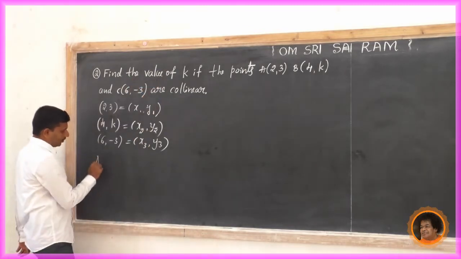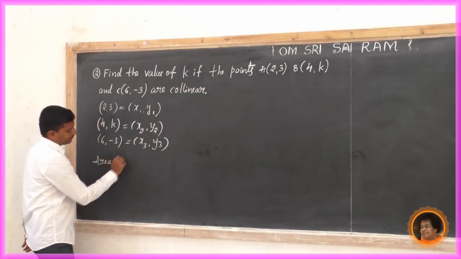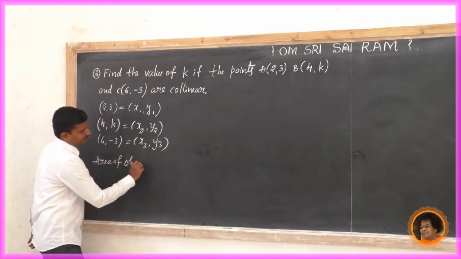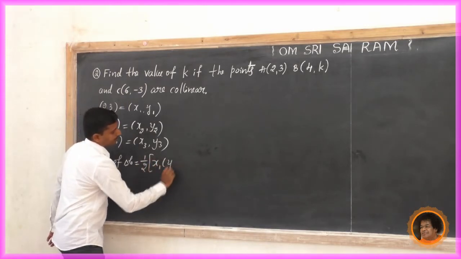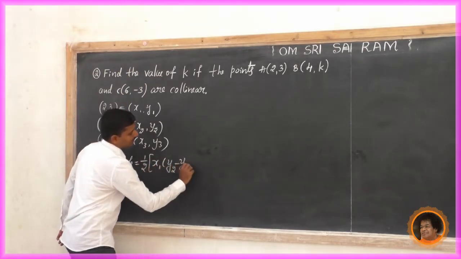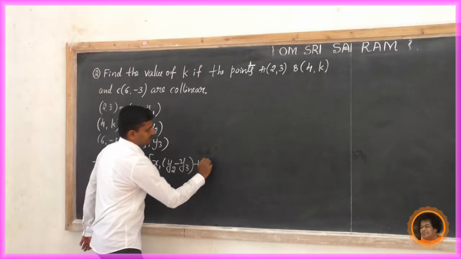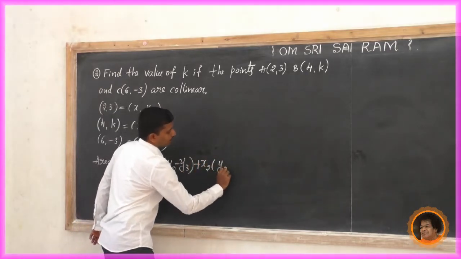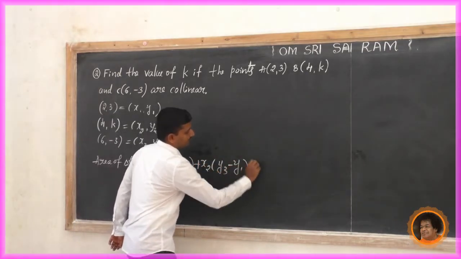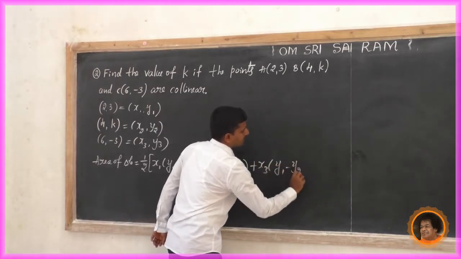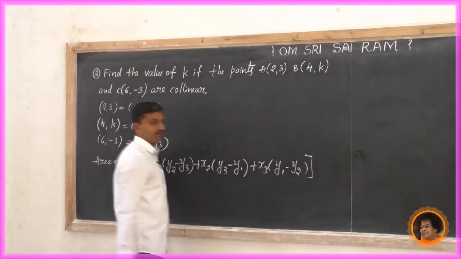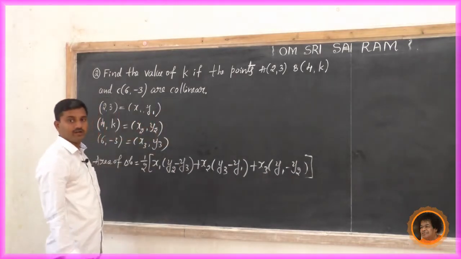So the area of the triangle is equal to half into x1 into (y2 minus y3) plus x2 into (y3 minus y1) plus x3 into (y1 minus y2). This is the formula to find the area of the triangle.